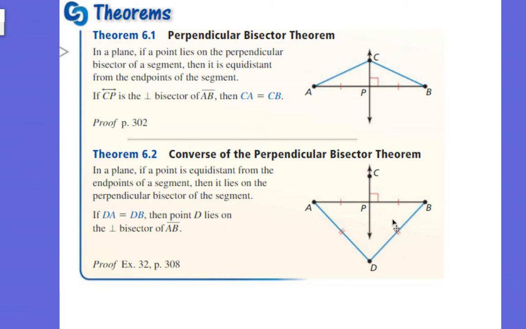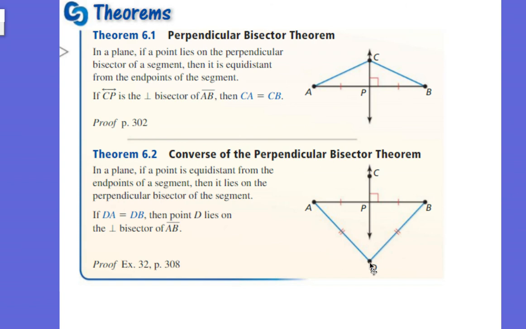The converse holds true as well. Then we're saying if a point is equidistant from the endpoints of a segment, then it actually is on the perpendicular bisector. So let's say, for example, here we have this point D that we have down here. Right now you see D is off of line CP because there's a question mark.